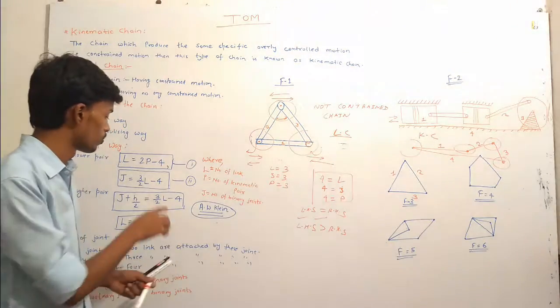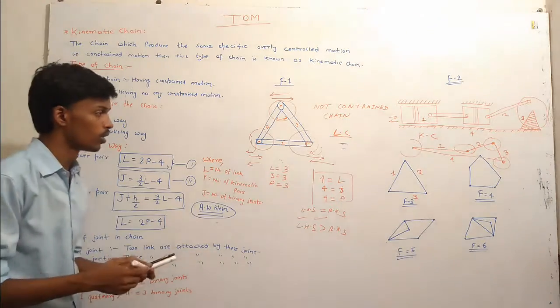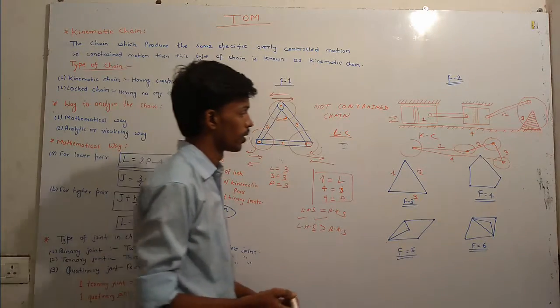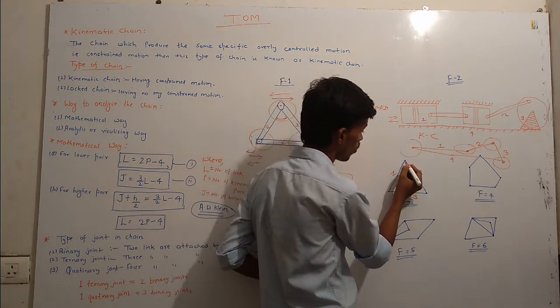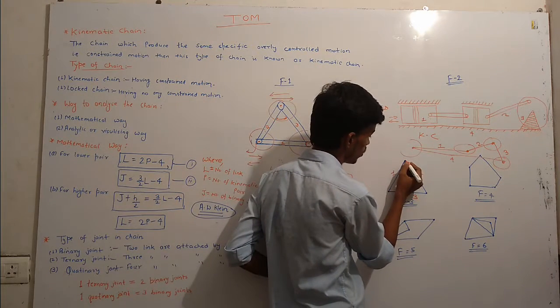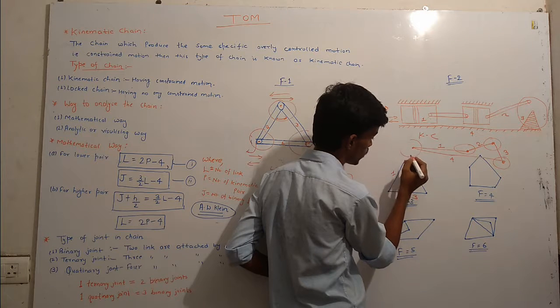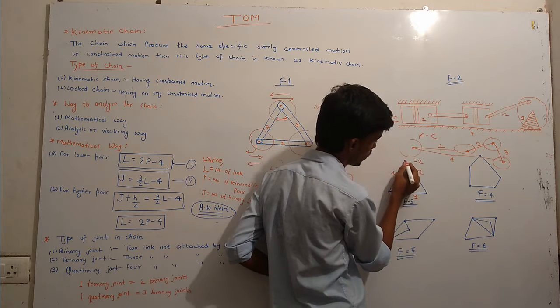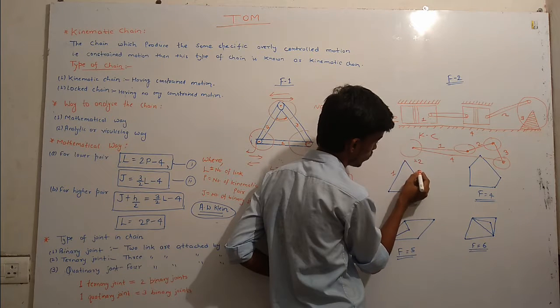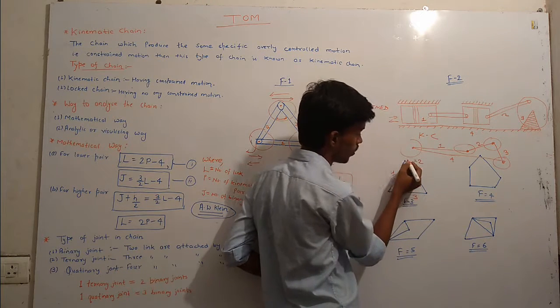This formula is only applicable for those kinematic pairs in which the number of links attached at a joint is equal to 2. Here is a joint in which link number 1 and link number 2 are joined at this point.